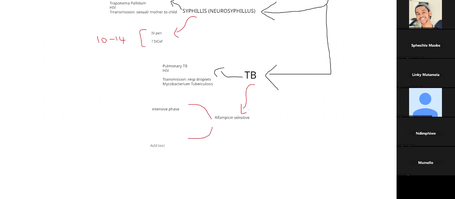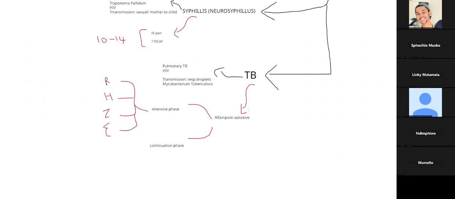For the intensive phase, it's the RHZE combo. And for the continuation phase, it will just be the RH combo.